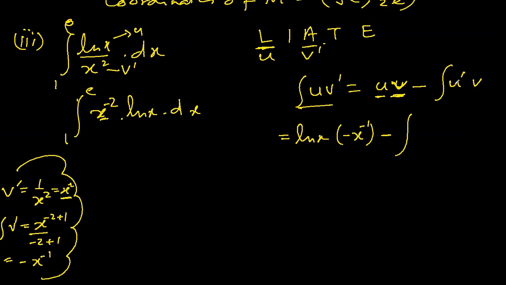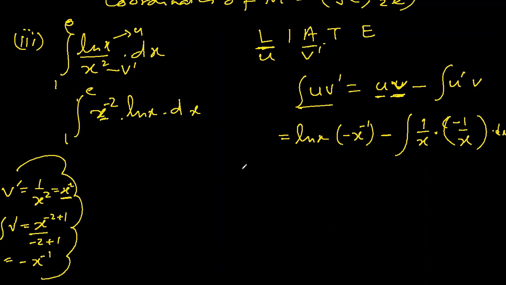Minus u prime: we have to differentiate u, which is ln x. What is the differentiation of ln x? 1 over x. What is v? We just got it: minus 1 over x, because x to the power minus 1, if I want to make it positive, we'll bring it to the denominator. So let's rearrange this one.